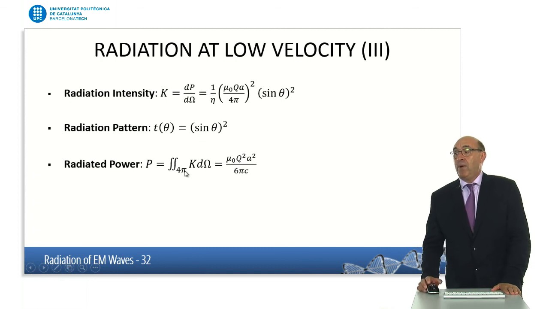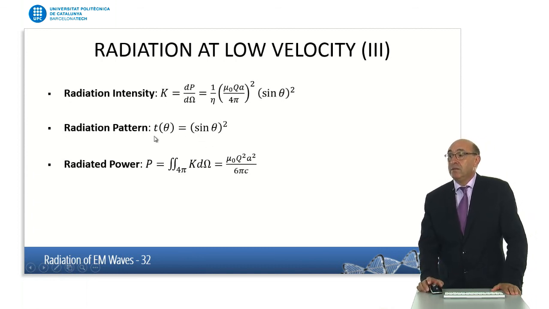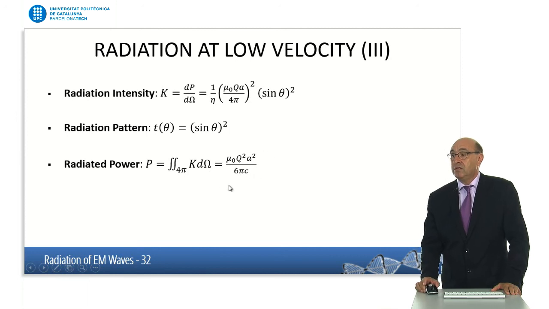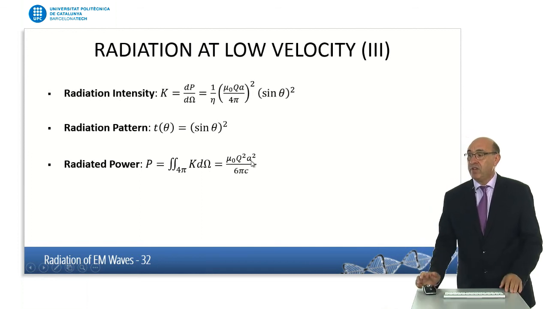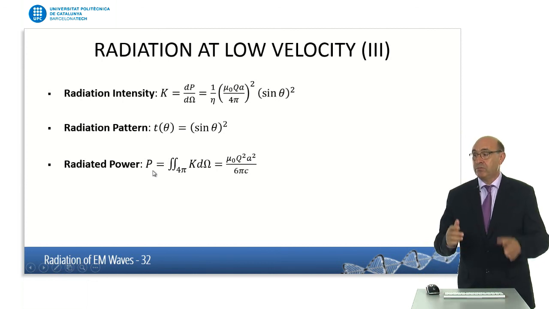The total power radiated by the charge could also be found just by integration in all directions, and it gives you this expression. And this is just the value. It's proportional to the square of the acceleration. That means the higher the acceleration, the higher the total power radiated or lost by the charge.